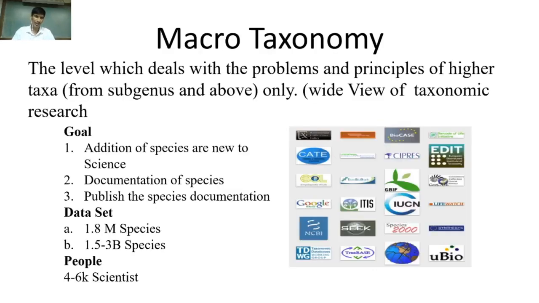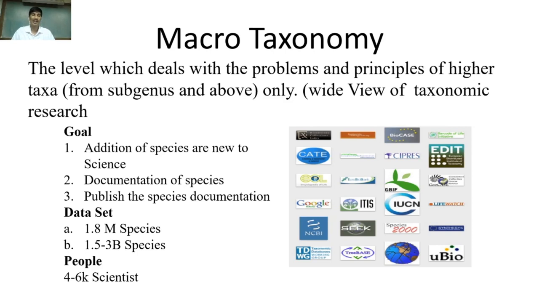Here is macrotaxonomy, the level which deals with the problems and principles of higher taxa. We go above the subgenus or genus level and view taxonomic research. This is a wide area of research. The goal of macrotaxonomy is adding species that are new to science. The scientist is interested in collecting data and adding new species.